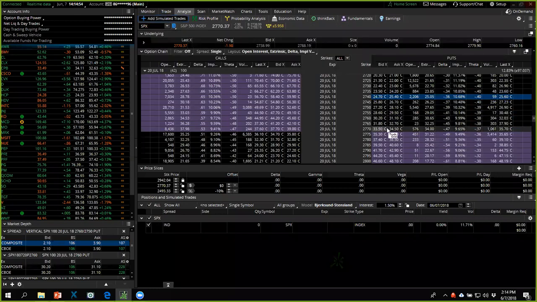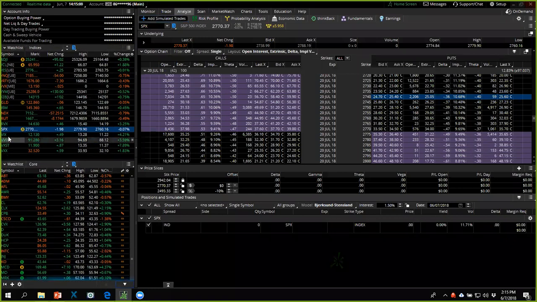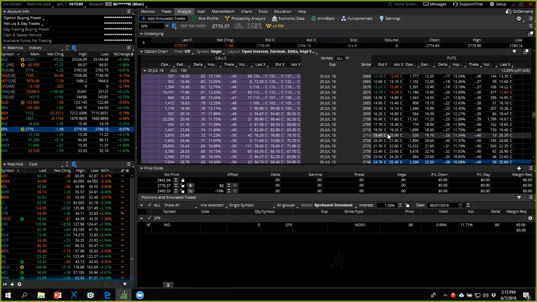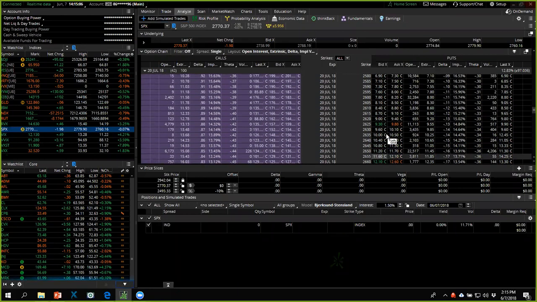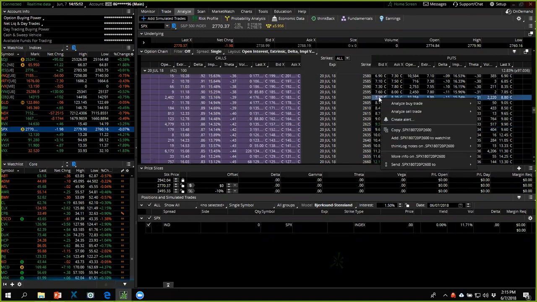let's model that by saying SPX is at 2770, so let's say 2630 is where your shorts were. Let's say very more than that at 2600.